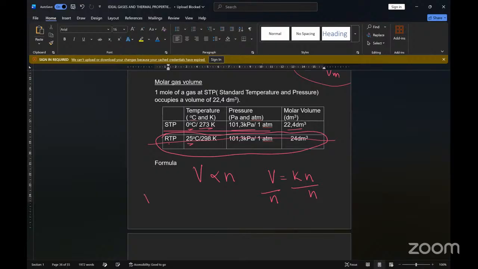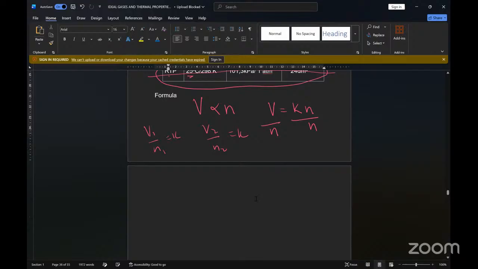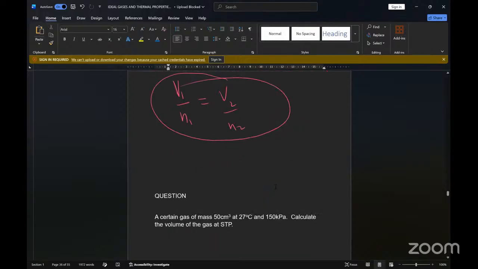So we can say V1 over n1 is equal to K, and V2 over n2 is equal to K. So Avogadro's law can conveniently be written as V1 over n1 is equal to V2 over n2. So that's how it is also written. Okay, like that. So we are done with the Avogadro law.